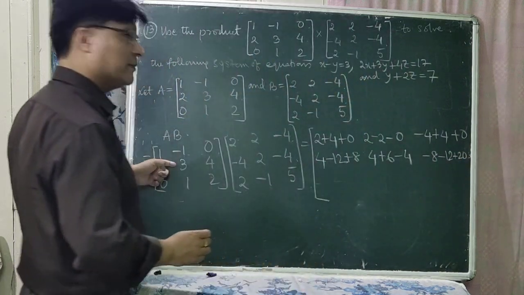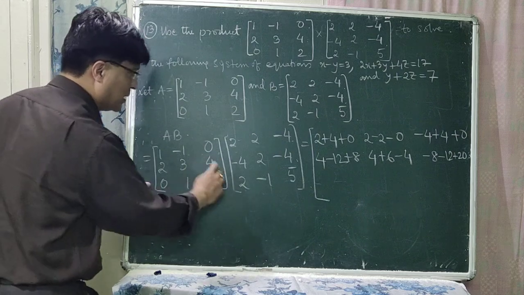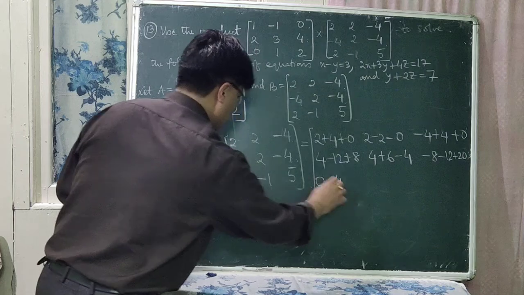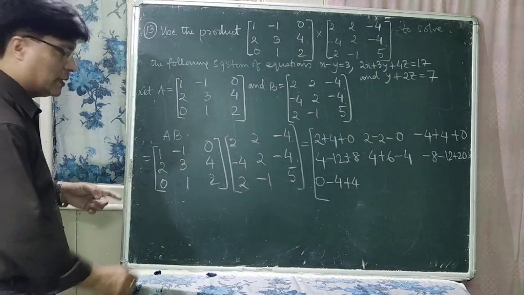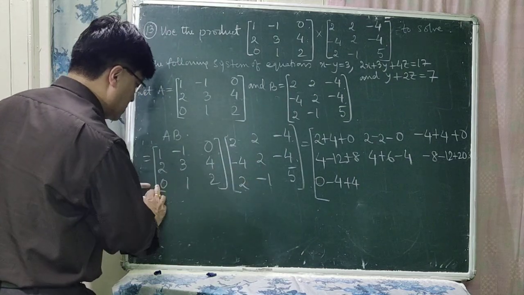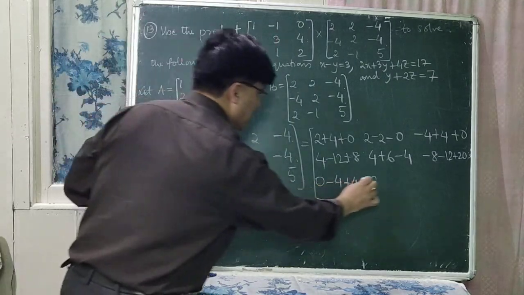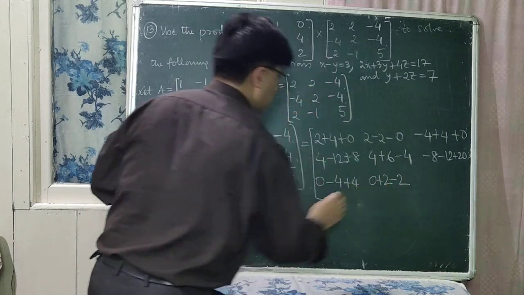Next, third row by first column. 0 times 2 is 0, 1 into minus 4 is minus 4, plus 2 times 2 is 4. Then third row by second column. 0 times 2 is 0, 1 times 2 is plus 2, 2 into minus 1 is minus 2.